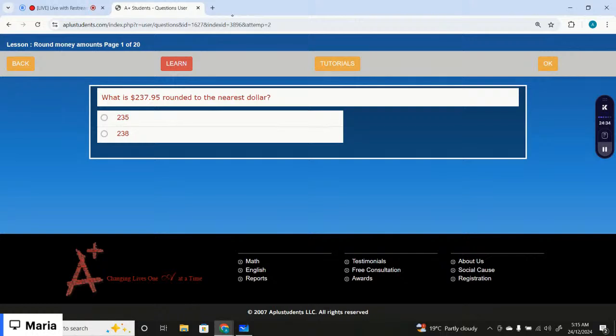After the decimal point, you have 9. And 9 is greater than 5. So you need to round up. So it would be rounded off to $238. Option number two is the correct option. That is $238.